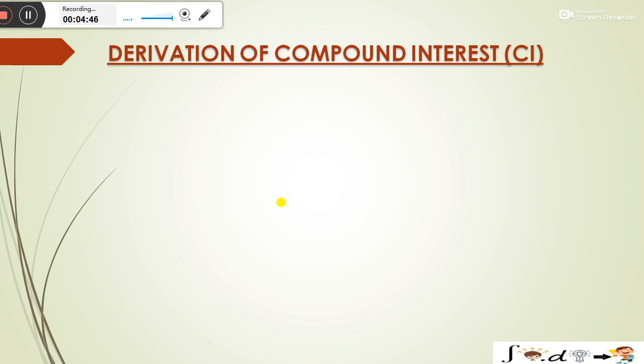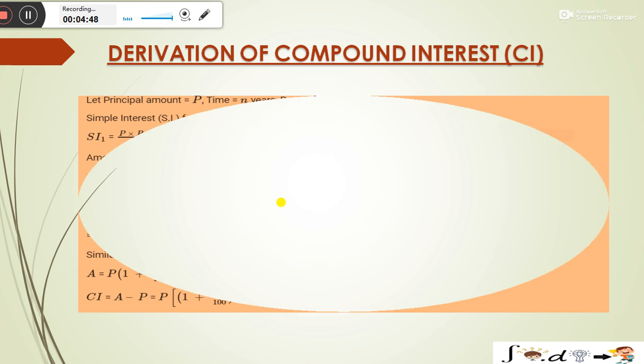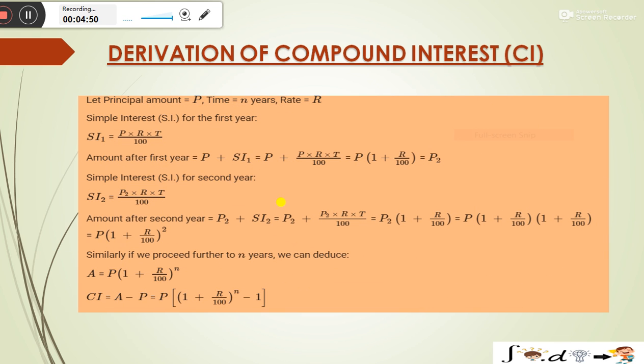And now the derivation of compound interest using simple interest. Here P is the principal, time is n years, rate of interest is R%, and the simple interest for the first year is PRT divided by 100.